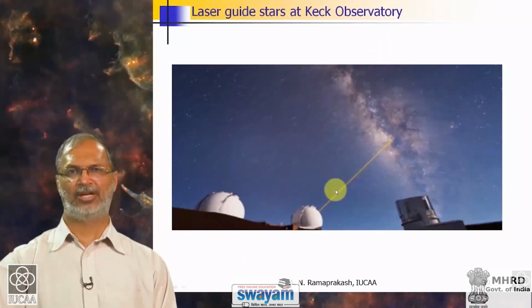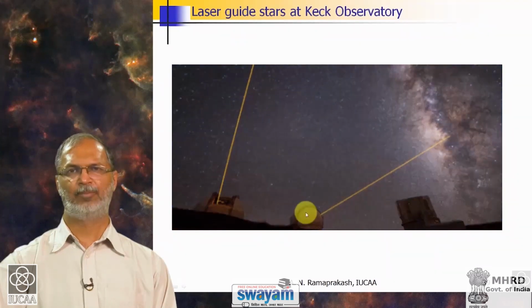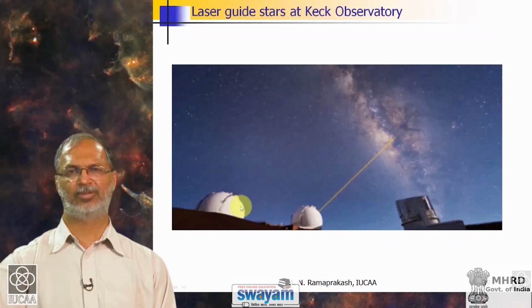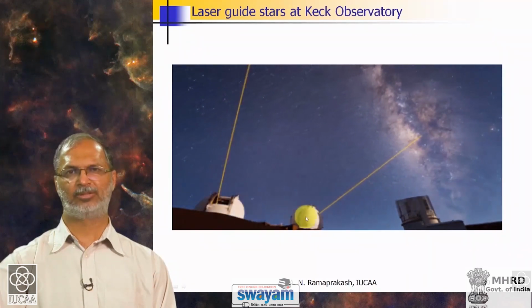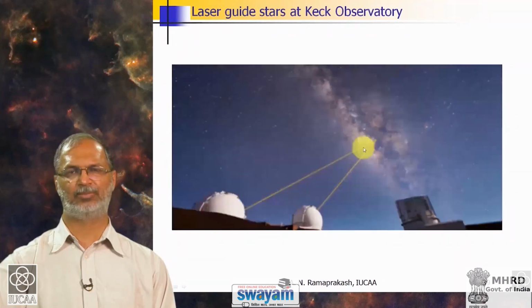So, this is what is illustrated here. This is the Keck telescope which I mentioned earlier, two of them, and you can see the lasers being launched from each of those Keck telescopes, and depending on which direction the telescope is pointing, the lasers get pointed.